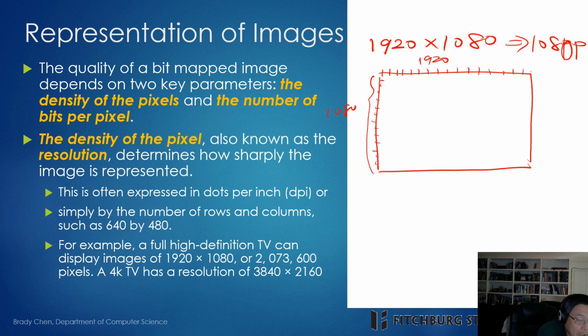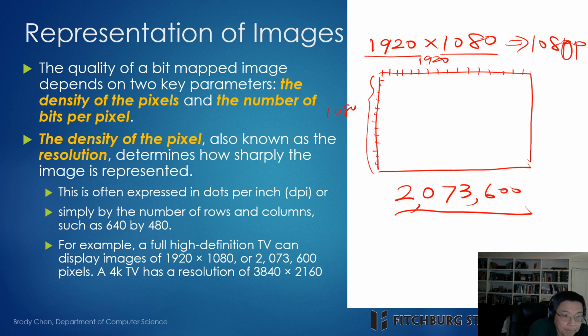So how many pixels can we find in this full high definition TV? We multiply these two numbers, 1920 times 1080, and that is 2,073,600. That is the number of pixels contained in that TV screen.